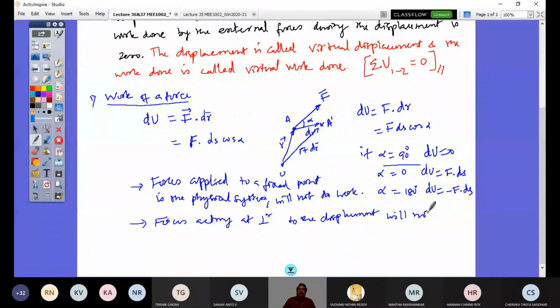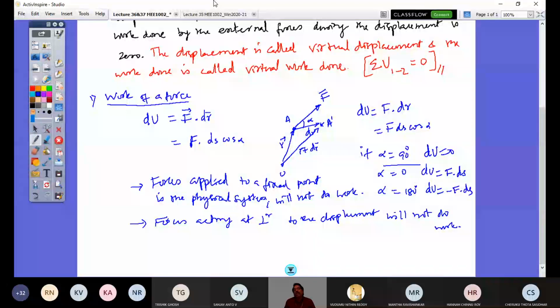What is an example? You see there is a block which is translating on a rough surface, or expected to translate, with the surface impeding its motion. It will have its reaction at an angle to the vertical. The angle made by the resultant with the vertical component is what is called the friction angle that you have seen.